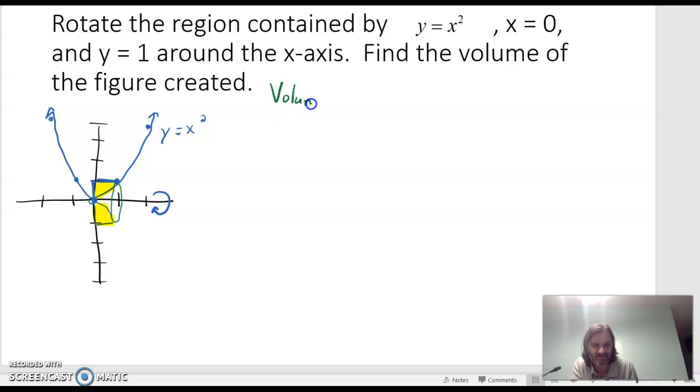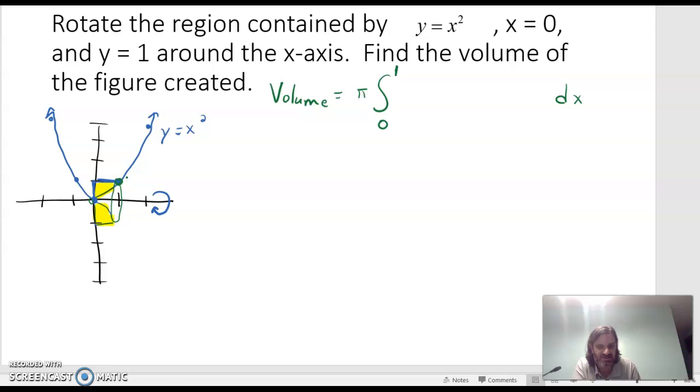Volume equals pi, and we're integrating in terms of x, so we need our boundaries in terms of x. So the way this thing looks, it goes from 0 to 1. That is where it would intersect the parabola over here.